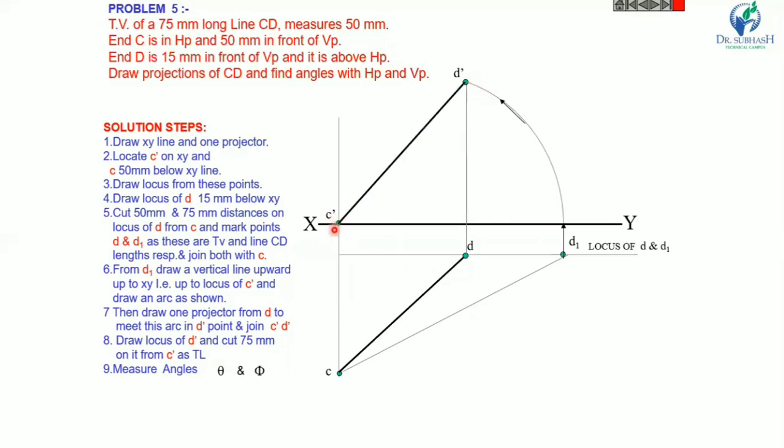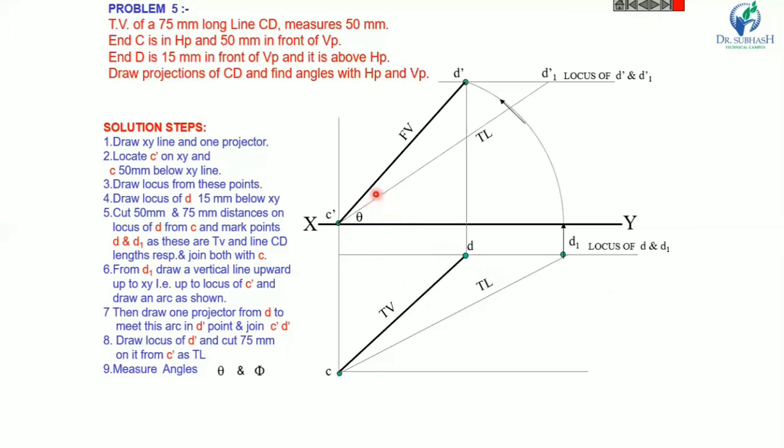So C dash D dash is a front view, and draw a line of 75 mm length. It will intersect this locus at point D1 dash. So this is the inclination of true length. Front view, top view, true length. This is also true length.